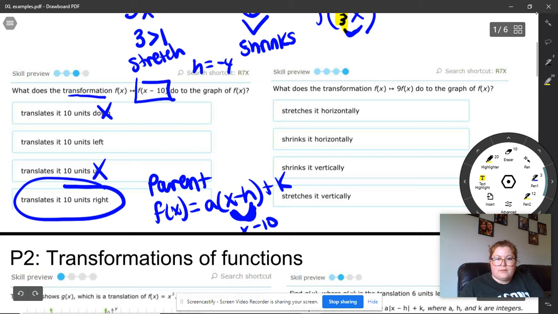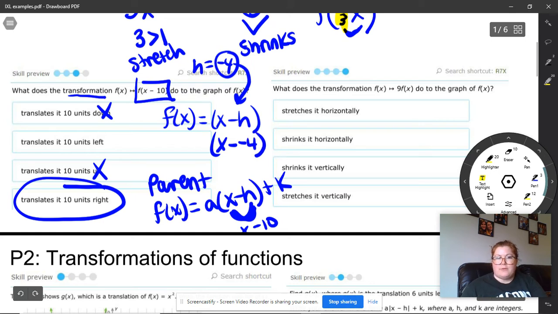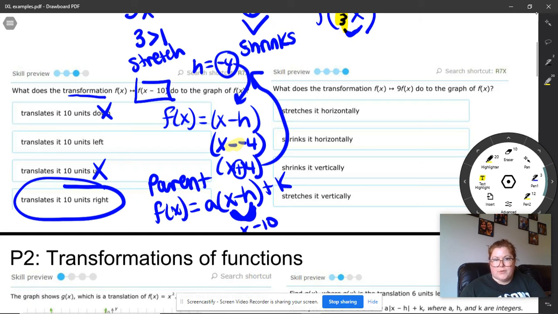We have f of x equals x minus h. If I plug in x minus negative 4, I have a double negative here. I know a negative times a negative changes to a positive. So that is why when you see a sign behind x, you're going to think about the opposite value. So h has to be negative 4 since it's plus 4.